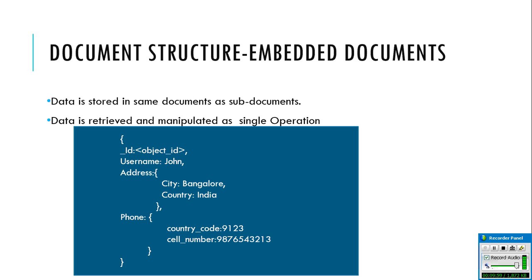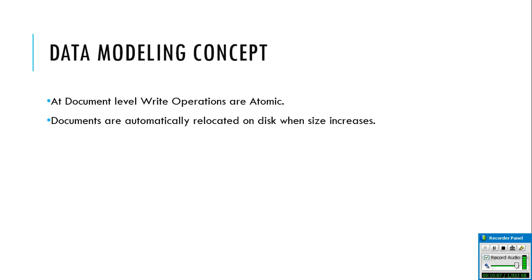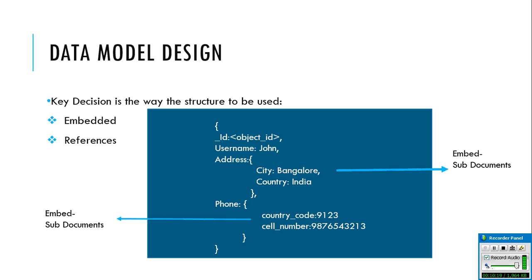Okay, so that's what you have to understand over here: how you can model your data and how your database would be structured. A very important point to understand is that whenever you're working with MongoDB, it gives you two primary approaches. Approach 1 is embedded, approach 2 is references.